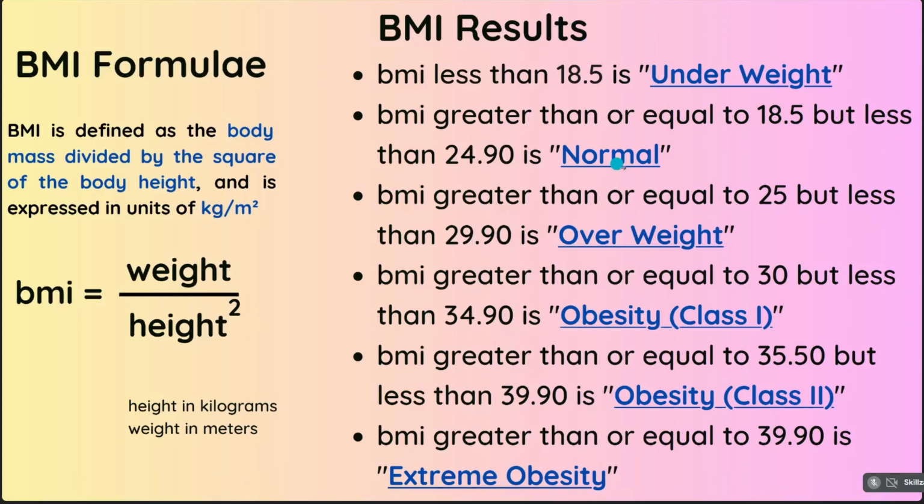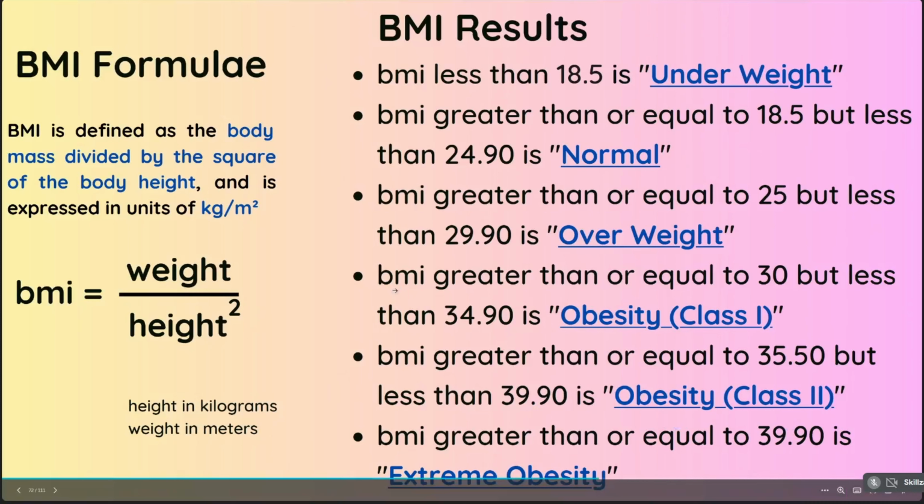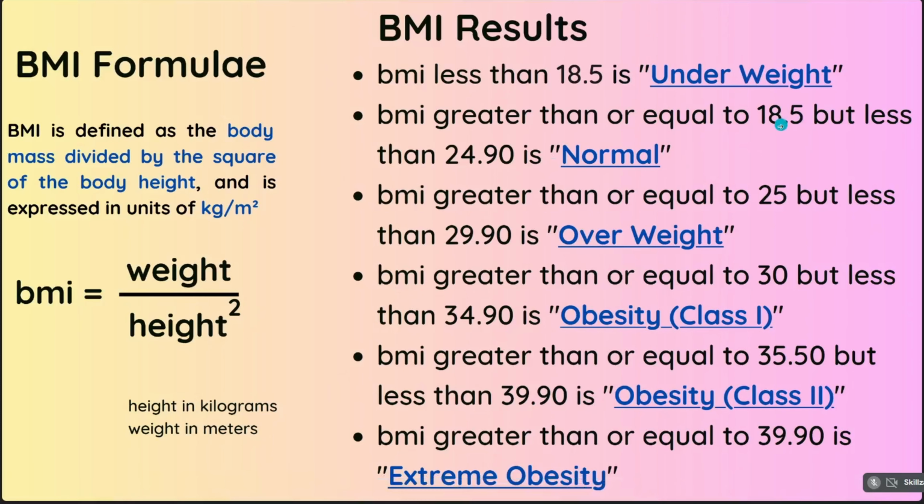The result would show the index followed by whether it is normal, underweight, overweight, obesity class 1, obesity class 2, or extreme obesity. Between 25 and 29.90 would be overweight, between 30 and 34.90 would be class 1 obesity, and so on. We are going to construct this application using these formulae and the results logic.